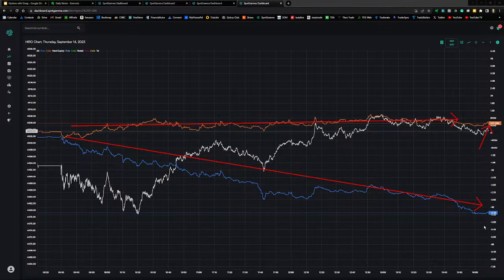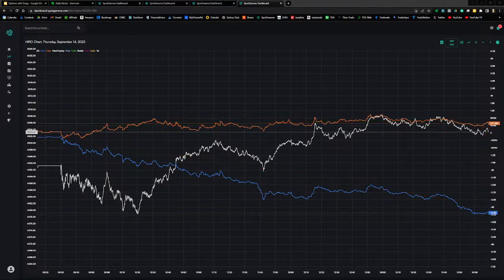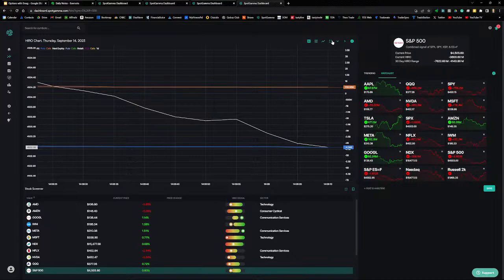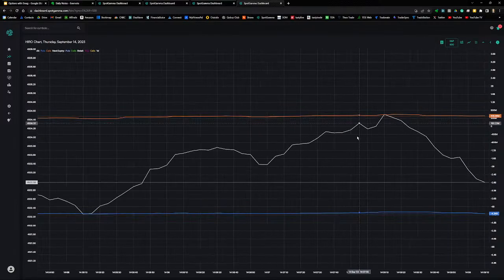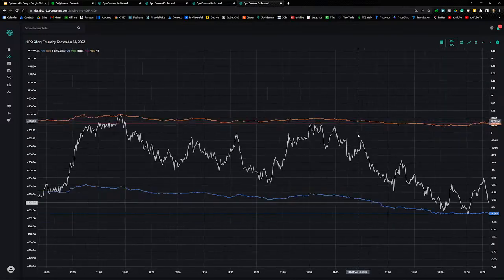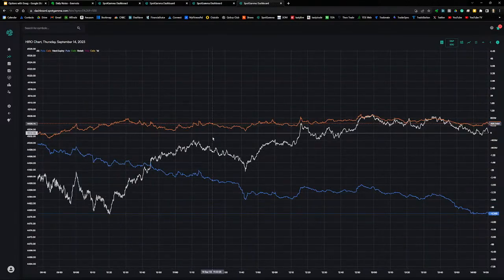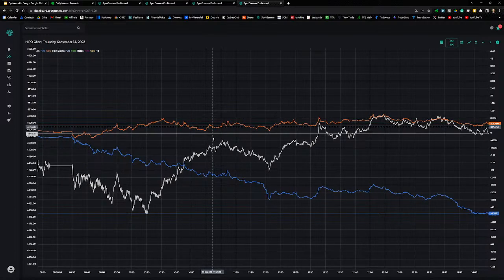Much larger notional value, minus 4.3 billion versus positive 511 million. Traders aggressive, put buyers much more aggressive than call buyers. So in these conditions, I would certainly not be looking for a long.